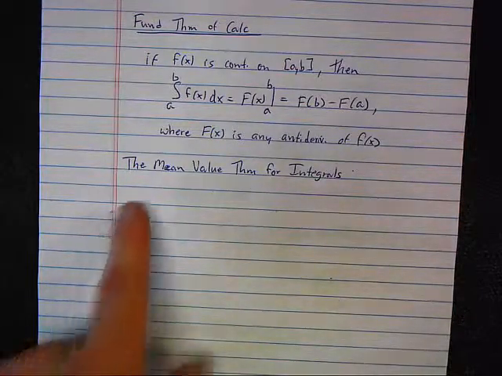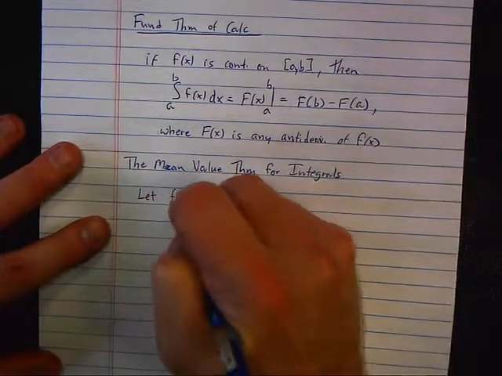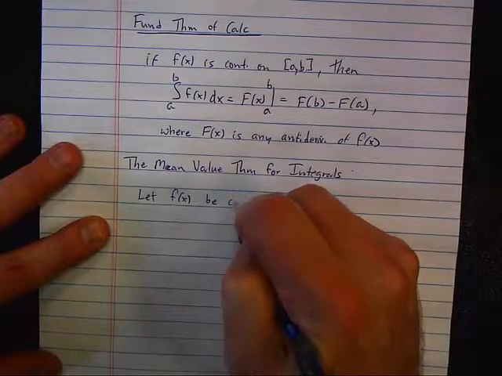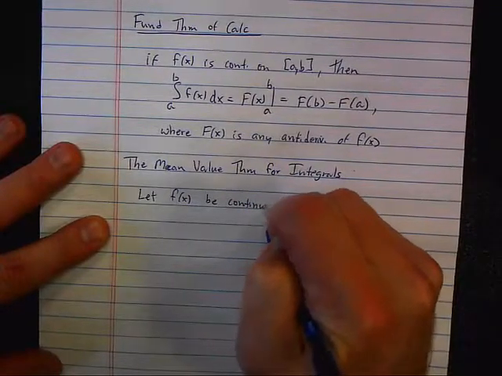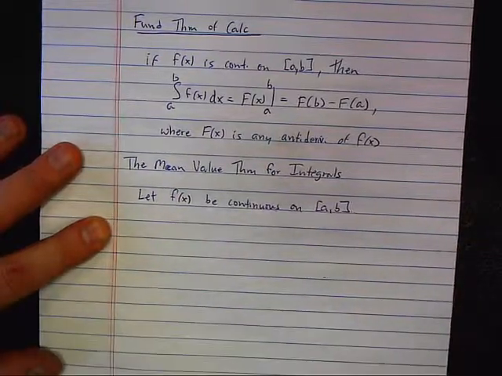All right, here's what the mean value theorem for integrals says. Let f of x be continuous on a to b. It only needs to be continuous. We don't need differentiable this time.